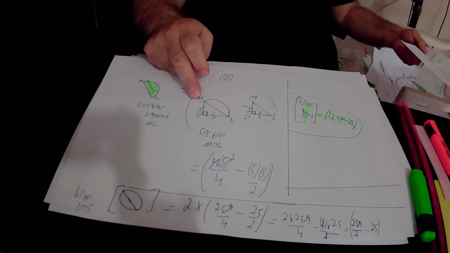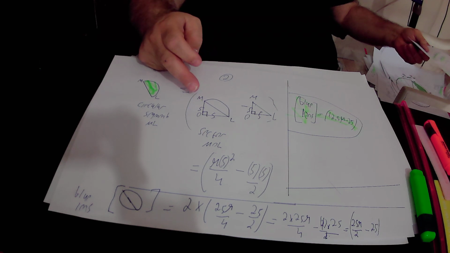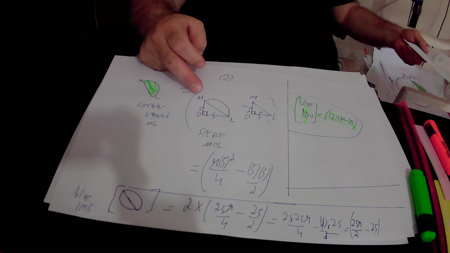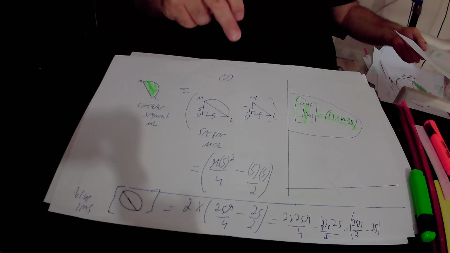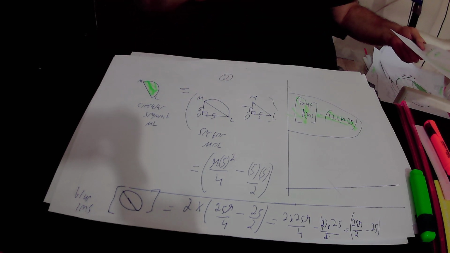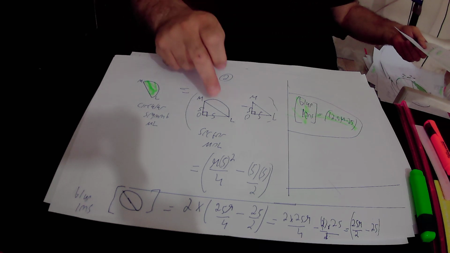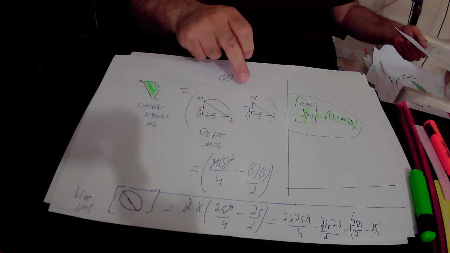The radius of this circle is 5. Therefore, the area of the circle is pi r squared, that is to say pi times 5 squared. And then when we divide it by 4, we get the area of this sector MOL. Then we subtracted the area of sector MOL from the area.